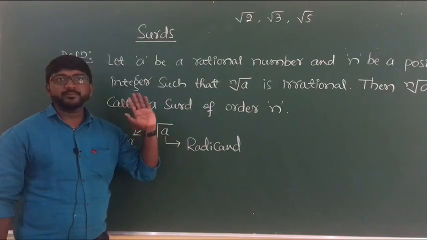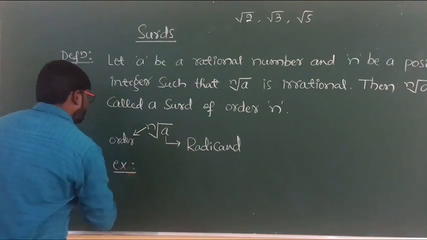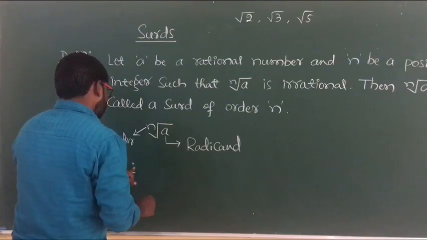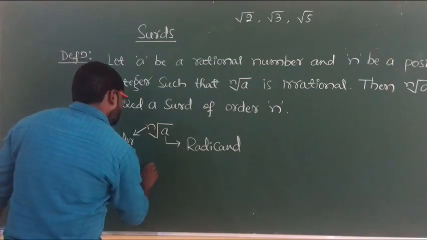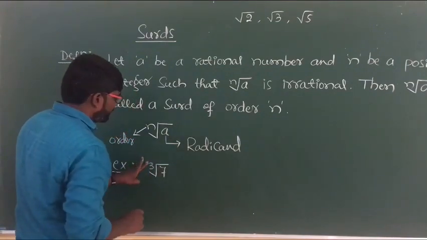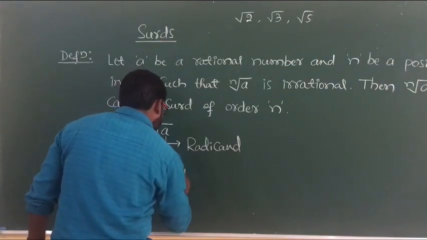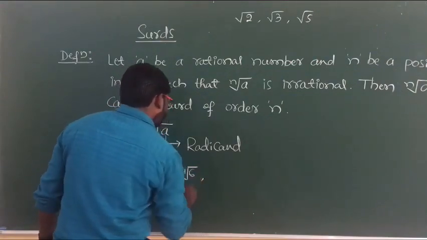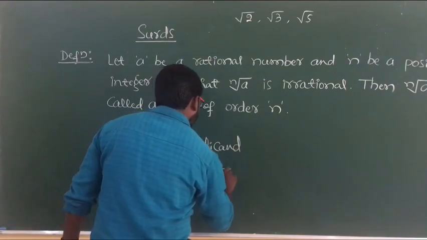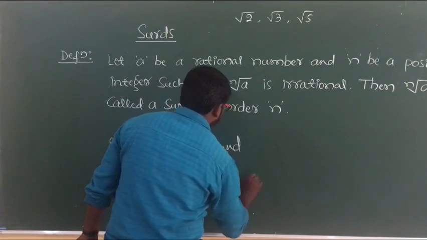So let us give some examples for surds. The examples are cube root of 7, and then fourth root of 6, and then fifth root of 25, and so on.